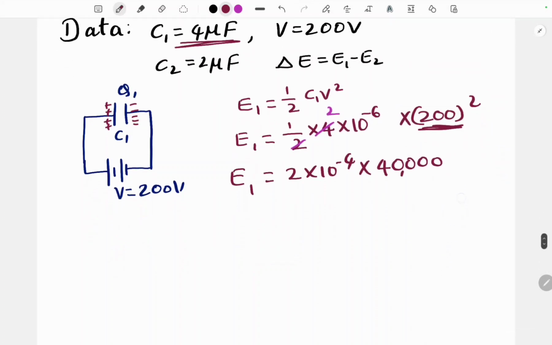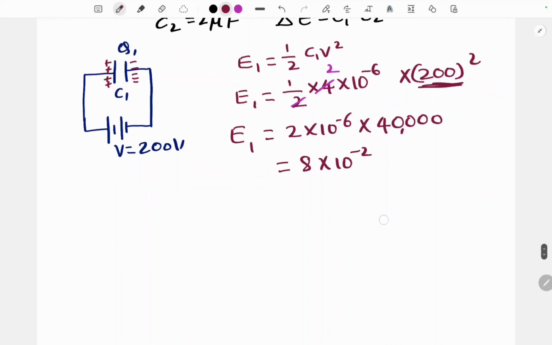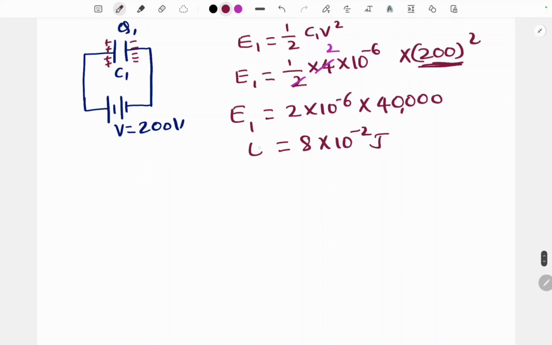Okay, now if you multiply this, you will get 8 into 10 to the power minus 2. Now it's correct, joules.